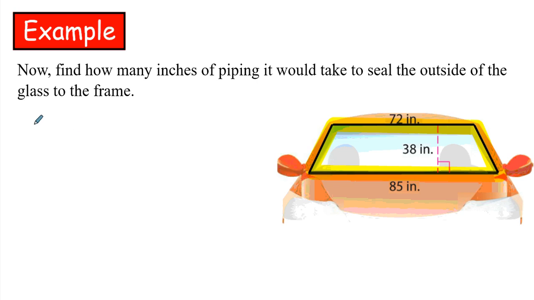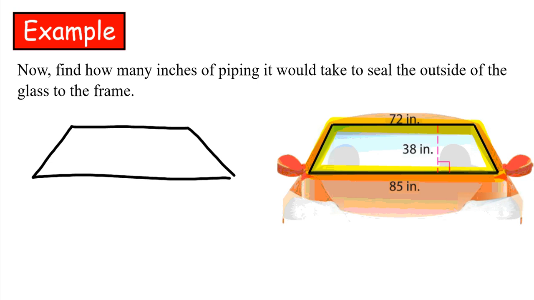Well, let's draw this out some more. Here is the picture. I know that this is 38 right here. I'm trying to get this, let's call it c, because it's going to be the hypotenuse of a right triangle.